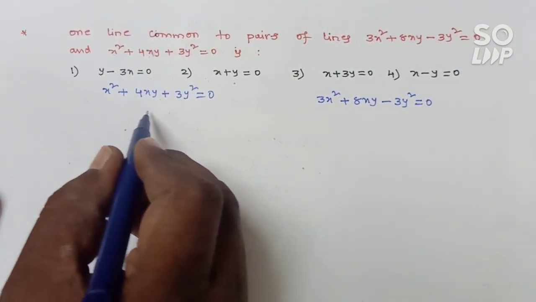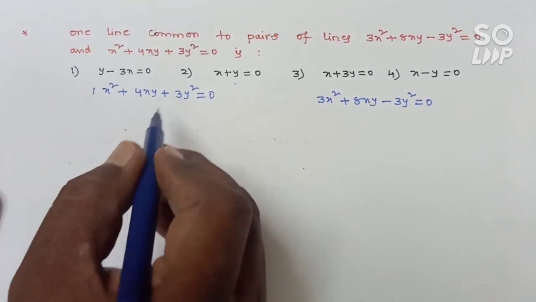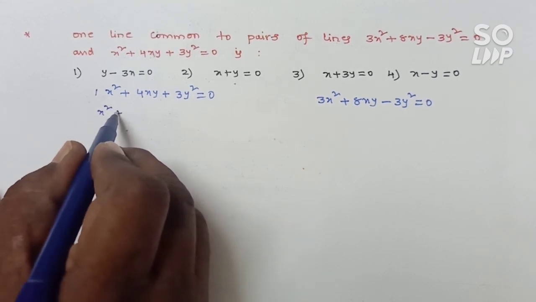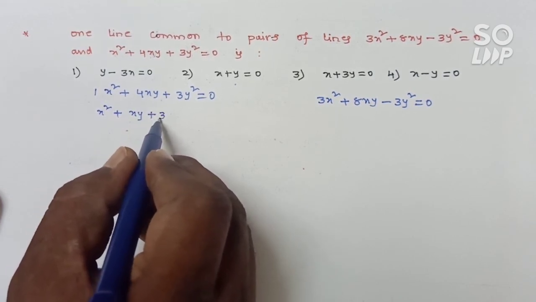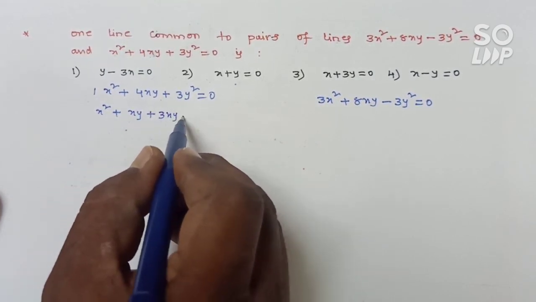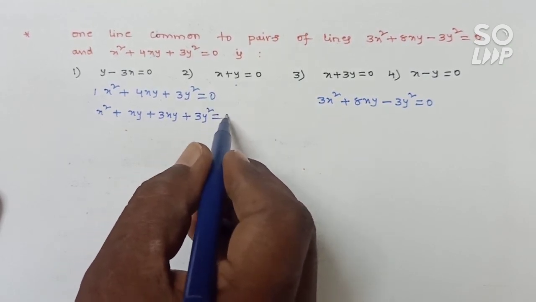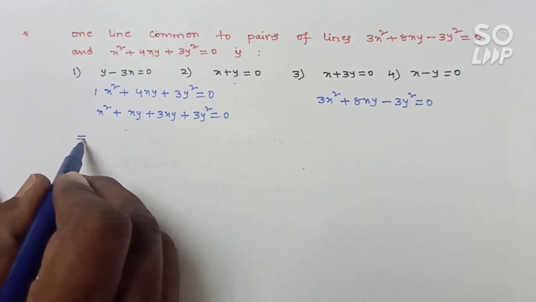Now you write the factors of this one. Here 1 into 3 is 3. This one we can write as x square plus xy plus 3xy plus 3y square is equal to 0. Now from this one, first you take x as common.